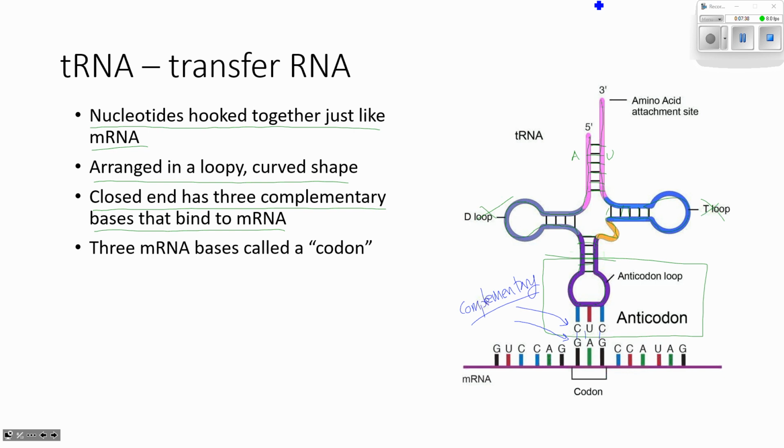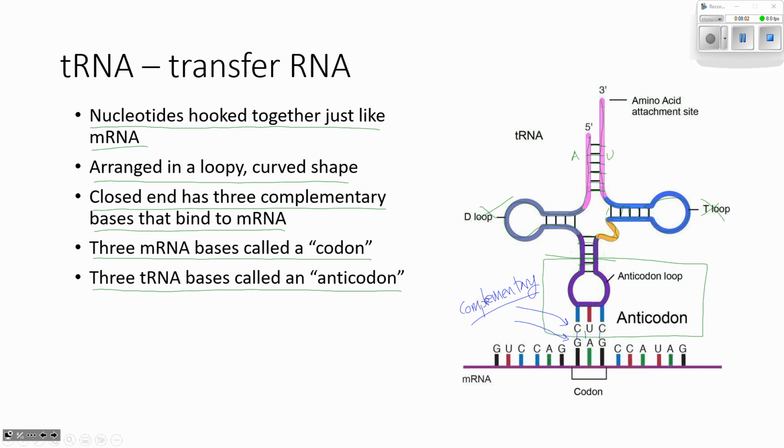We have names for the 3 bases. When it's on the messenger RNA, we call it a codon. And when it's on the transfer RNA, we call it an anticodon. This is kind of getting back to what we were talking about on Tuesday, where we're sort of flipping back and forth. If you were to look at the original double strand of DNA here, you're going to have 2 strands of DNA.